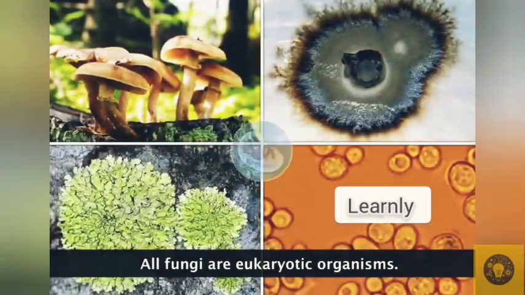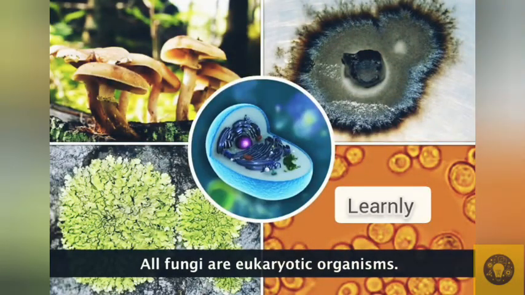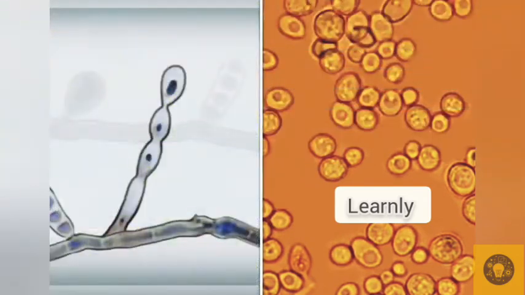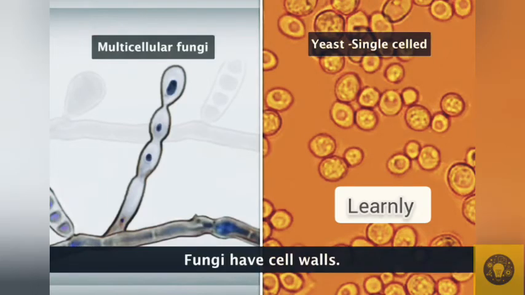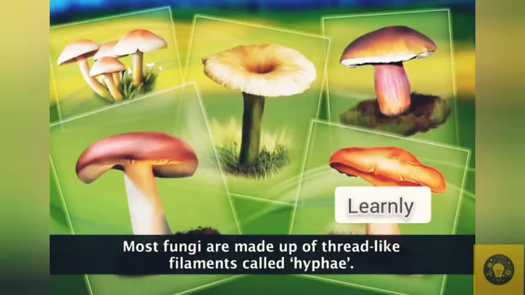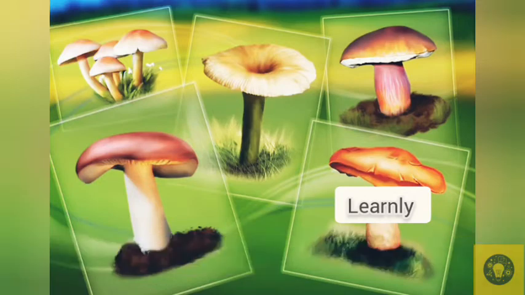All fungi are eukaryotic organisms. Well, almost all, except for yeast and those like it. Fungi are multicellular. They have cell walls. Most of them are made up of thread-like filaments called hyphae.